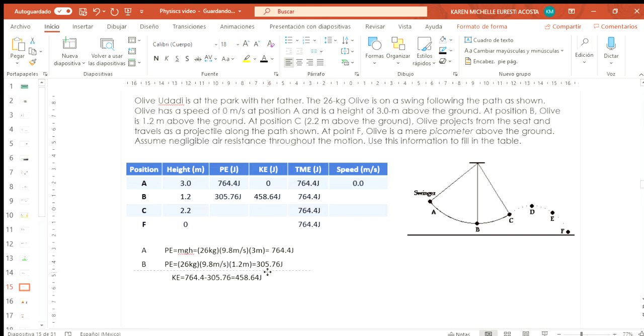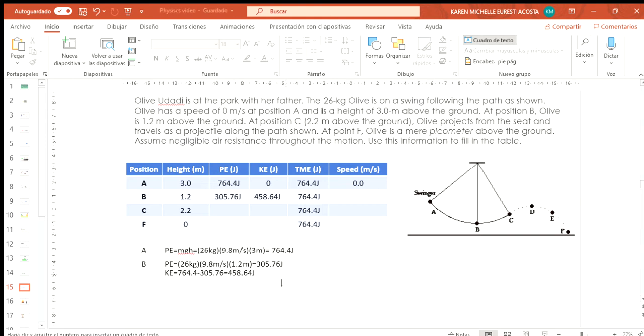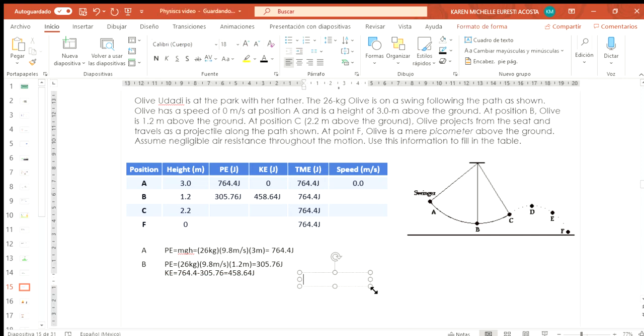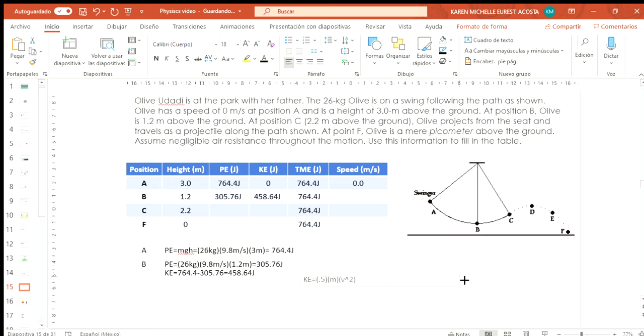With the kinetic energy, now we can get the speed that is missing here. So we have to use the formula of the kinetic energy: kinetic energy is equal to 0.5 times mass times velocity squared.